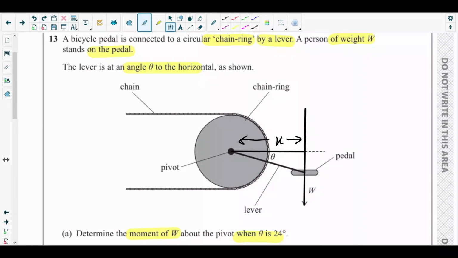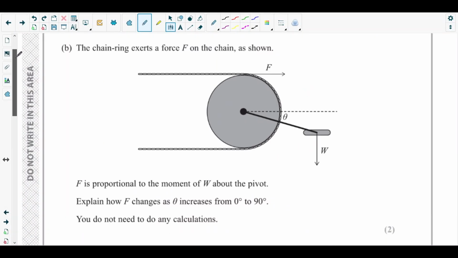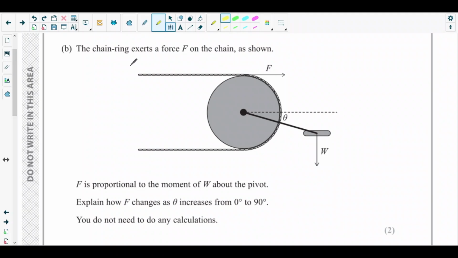Fine. Okay. Next is part B of question number 13. It says the chain ring exerts a force F on the chain as shown. As you pedal the ring, it will try to rotate in the clockwise direction. So that's why it will exert a force of F Newton on the chain.